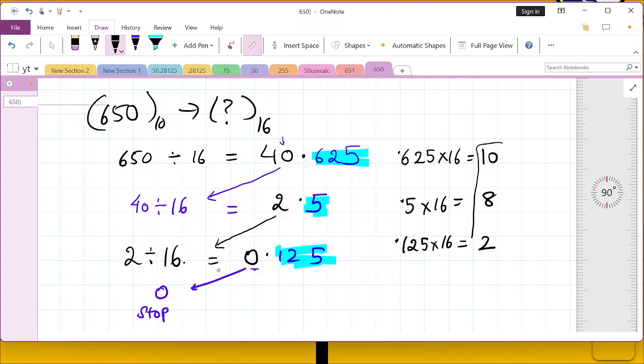Now this set will form the remainders, but we have to write their hexa equivalent. For 10 it is A, for 8 it will remain 8, for 2 it will remain 2.